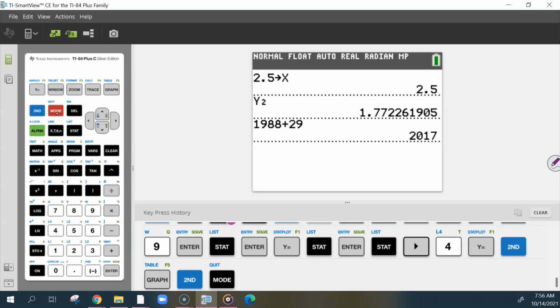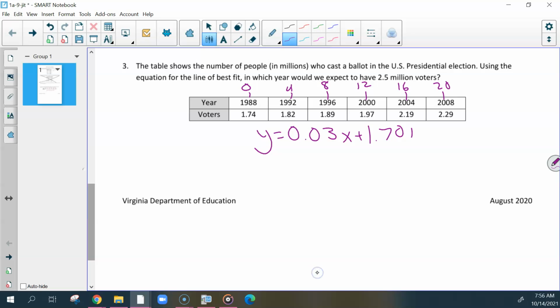But if I did that, I would find that 29 years later, it would be the year 2017. I know I kind of just ran through that a little fast, but do we have any questions on how I got that part of the answer?